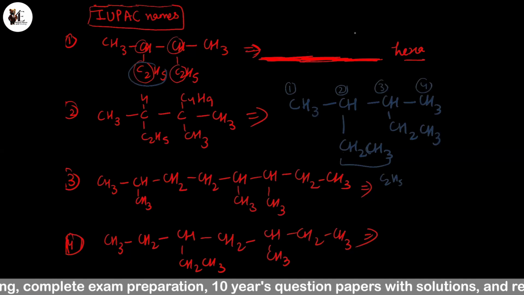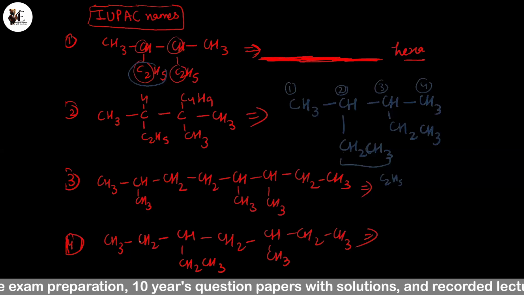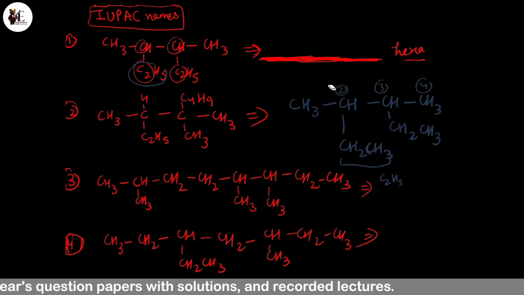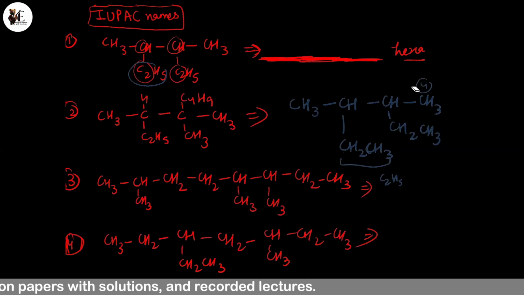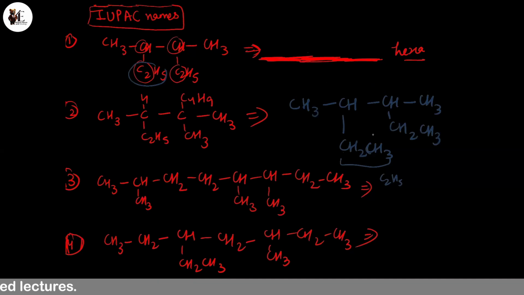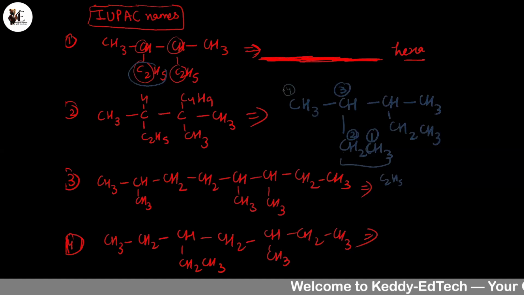But the first and foremost rule says that you have to select the carbon chain with the longest chain, that means the highest number of carbon atoms. So you have to see in continuity. If you select it from this carbon, then it becomes 1, 2, 3, and if I put 4 here, then it is of no use, right?